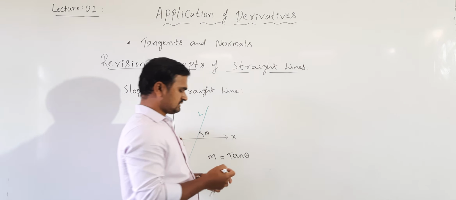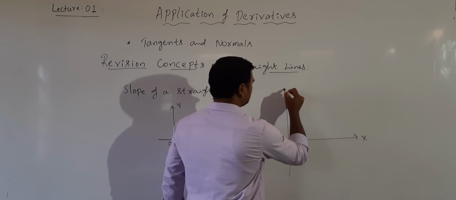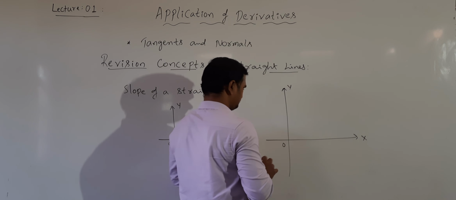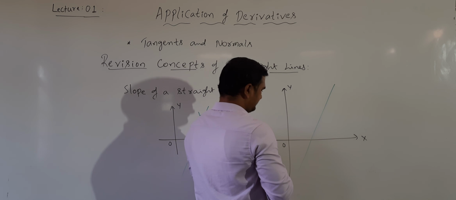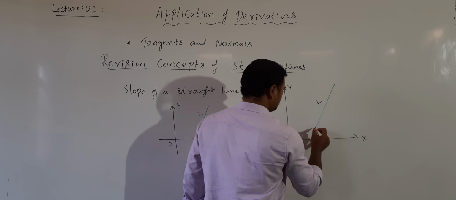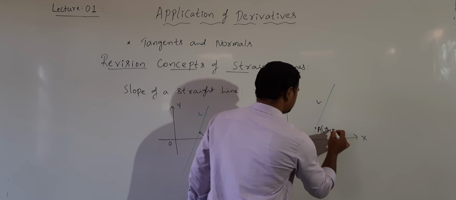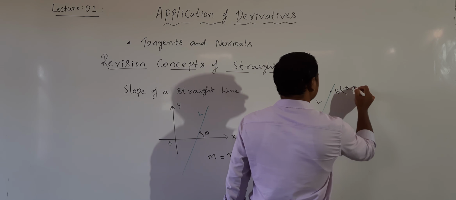Now suppose if 2 points are given, a line is passing through 2 points. Instead of inclination, now they give that the line is passing through two fixed points A (x1, y1) and B (x2, y2).